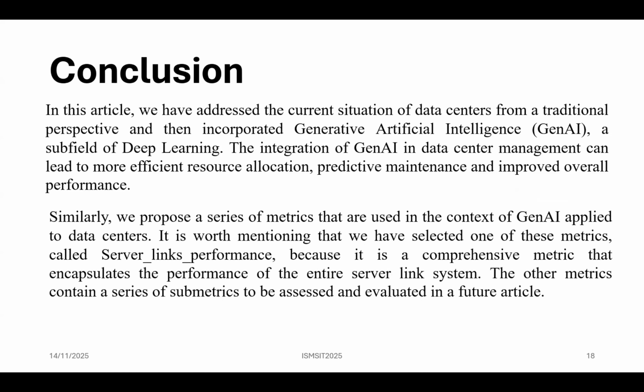Similarly, we propose a series of metrics used in the context of GenAI applied to data centers. It is worth mentioning that we selected one of these metrics, called server link performance, because it is a comprehensive metric that encapsulates the performance of the entire server link system. The other metrics will be assessed and evaluated in a future article.